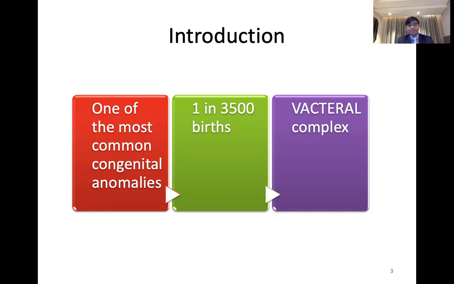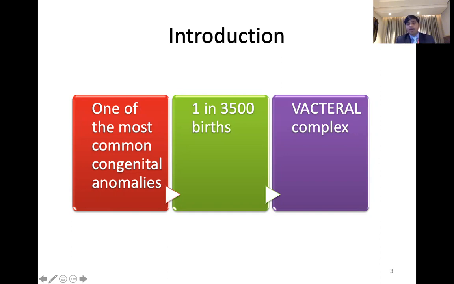It is associated with the VACTERL complex, where V stands for the anomalies of the vertebra, A stands for the anal or gastrointestinal tract atresia, C stands for the congenital cardiac defects, TE stands for the tracheoesophageal defects, RA stands for the renal and the distal urinary tract anomalies, and L stands for the limb lesions.